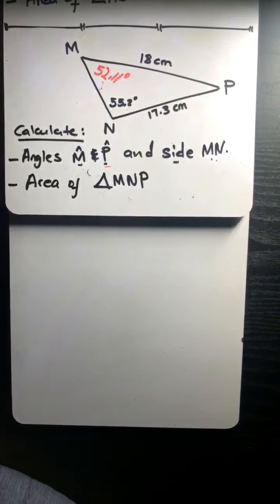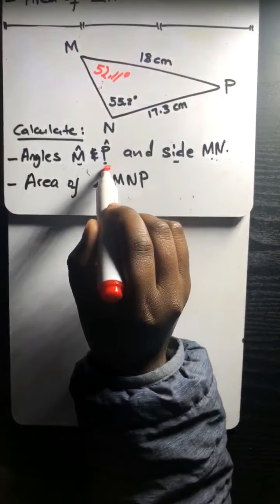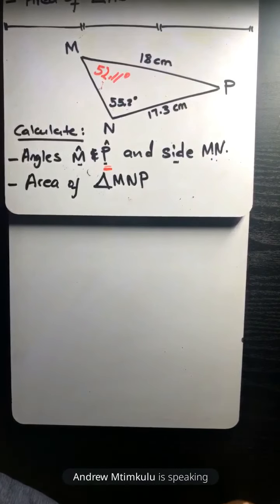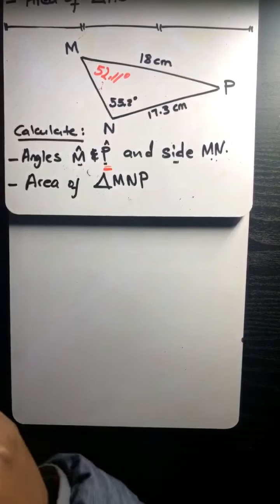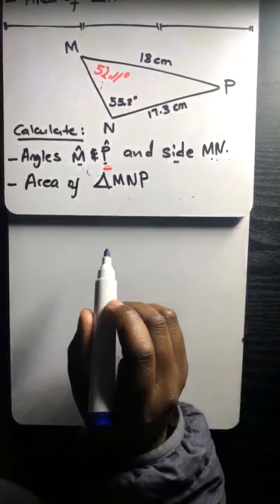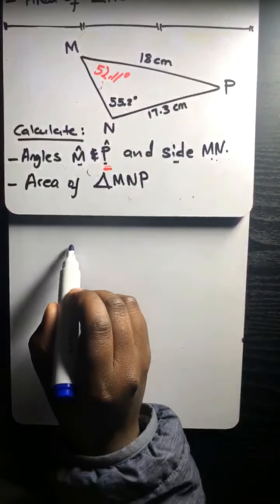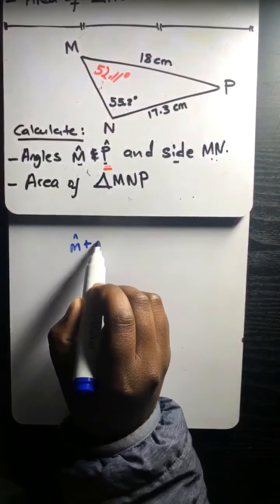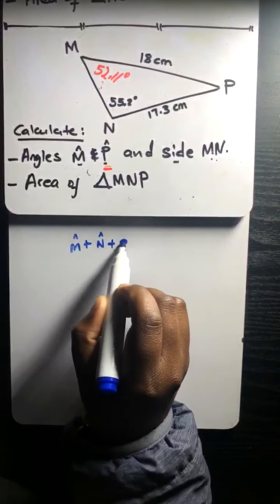So the question is, how do we answer that? What is angle P? Anyone who wants to give it a try? Yes, sir. Andrew, let's straight away get to that final answer. I know you know very well, Andrew. He's going to say the sum of interior angles equals 180 degrees, just the same as the previous question, guys.